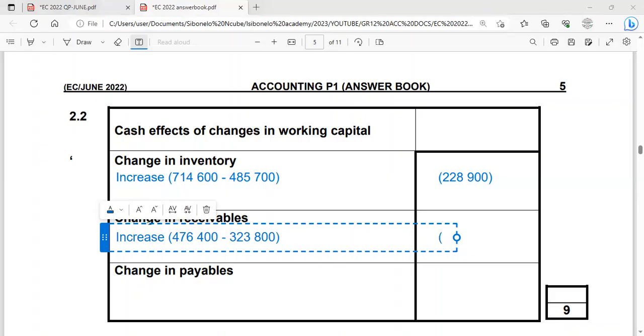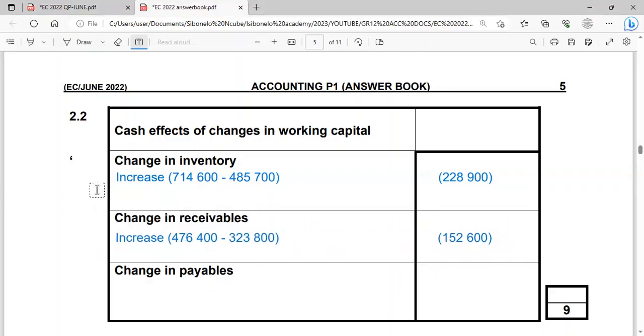So 476,400 minus 323,800, the difference is 152,600. And then the last one is trade payables.